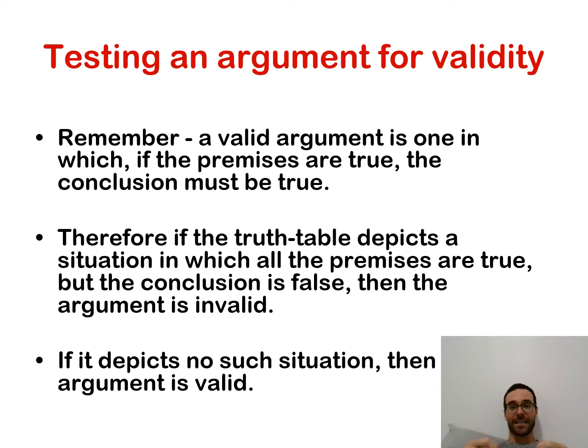If we can find a combination where the premises are true and the conclusion is false, then we know that the premises have not inferred the conclusion, which would render the argument invalid. And so if this happens in any of the rows, it is going to be an invalid argument.